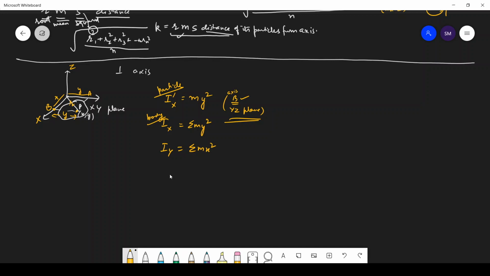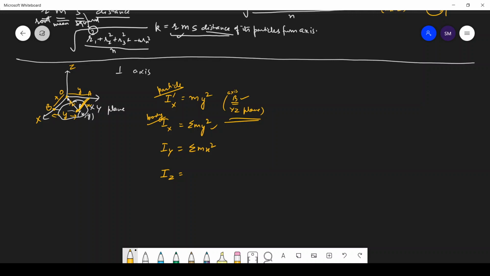Now the moment of inertia along the z-axis, you have calculated it. What is the distance now? Here the distance is r, the distance of this point P. When you are moving it along the x-axis, its distance was y. When you are moving it along the y-axis, its distance from the y-axis was x.